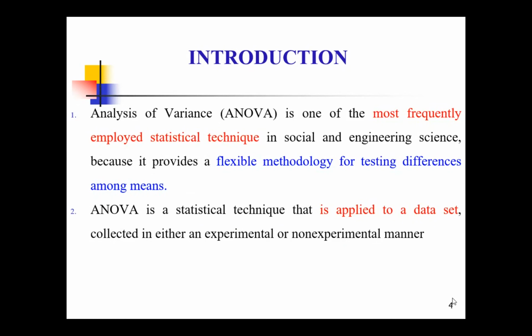In management sciences, people make questionnaires and collect data. So without experimentation, management people get this questionnaire data, and they analyze it for the variance, or by means of feedback. So by both experimental and non-experimental means, these data sets can be obtained.